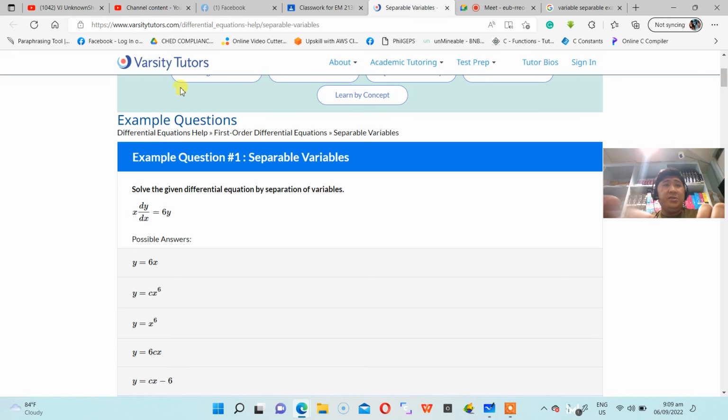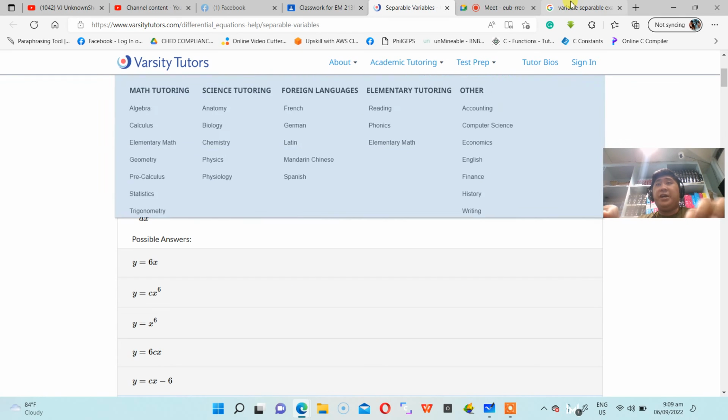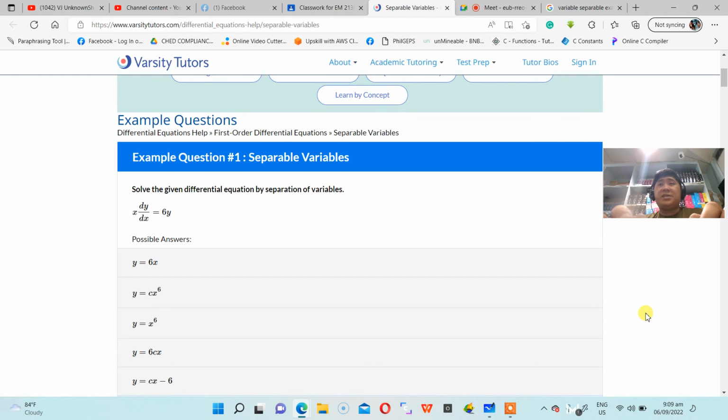So from these questions, solve the given differential equations by separation of variables. But mind you guys, when I do this in the exam, I don't tell what methods to be used. So you need to open your third eye to know what methods are readily available to solve that given equation. So in this case, the problem is this.